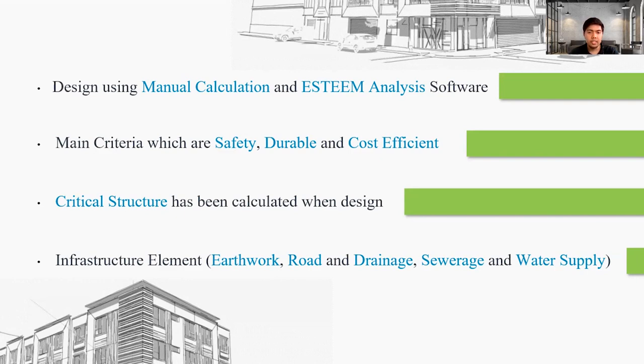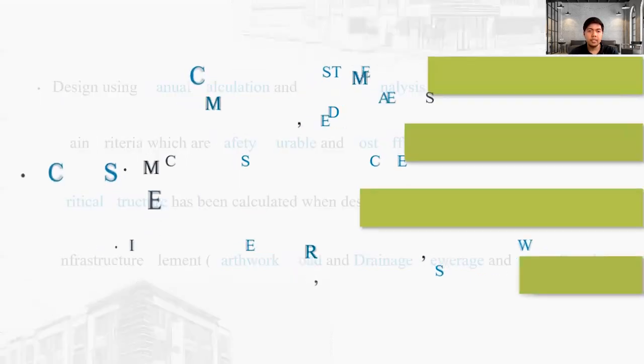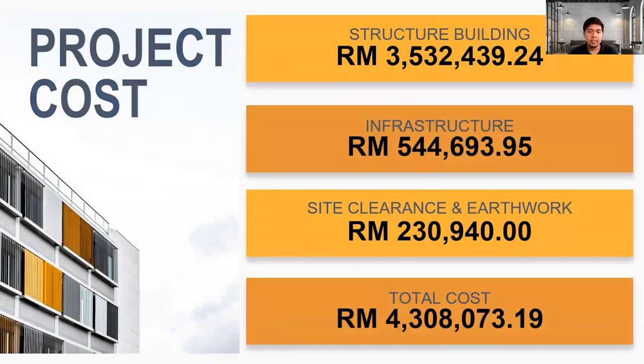All the infrastructure chosen is from the local authority so that we can adhere to the standard that has been established. Okay, we have summarized the overall project management into 3 parts of cost. The building cost is 3,500,000, the infrastructure 5,400,000, and site clearance and earthwork with an estimation of 230,000.